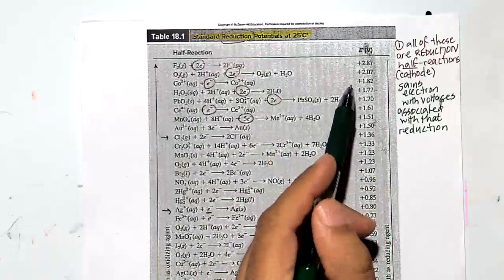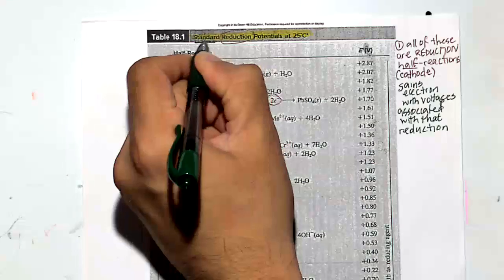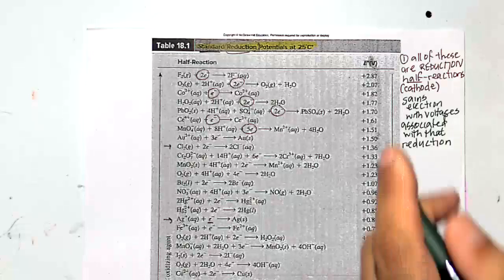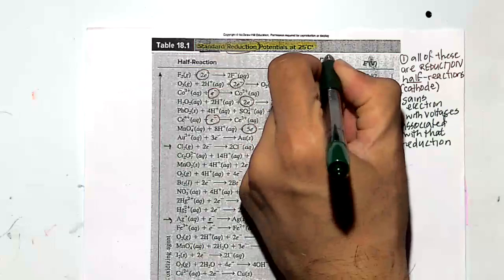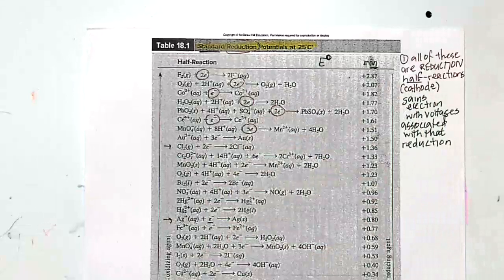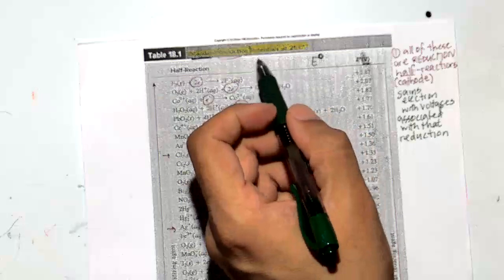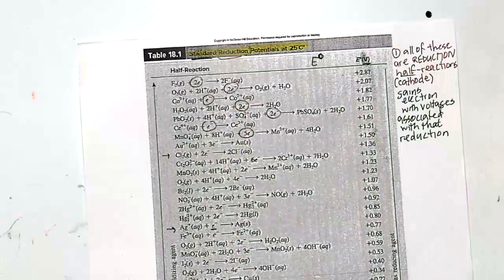They are reduction half reactions, and this is the standard voltage. Another key word here is standard. That's why you have not just E, but E naught. And what does the V stand for? What are the units? Volts, because we're talking about a battery. One half of the battery is the cathode, the other half is the anode, but here these are all cathode reactions. This is standard reduction potential. Potential is just a fancy way of saying voltage.